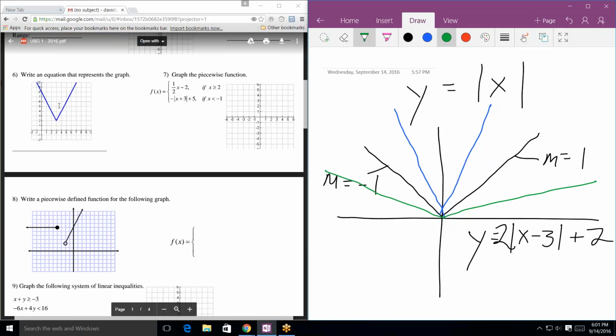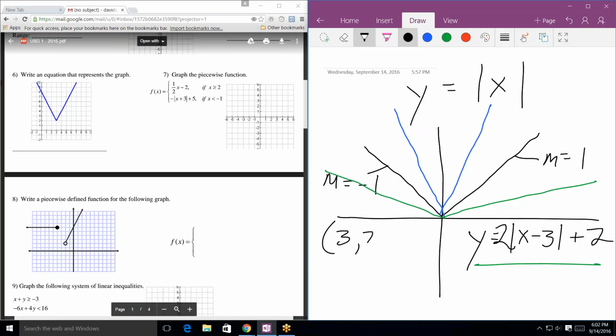Okay, so this is the answer. In other words, it's always good when you have problems like this to check a point, because I'm looking at the graph and I can see that a point that should be on this curve is 3, 2, right? Right.